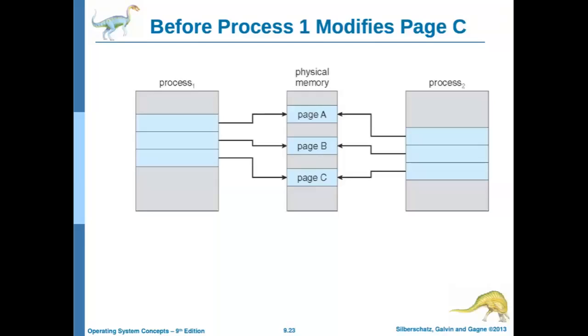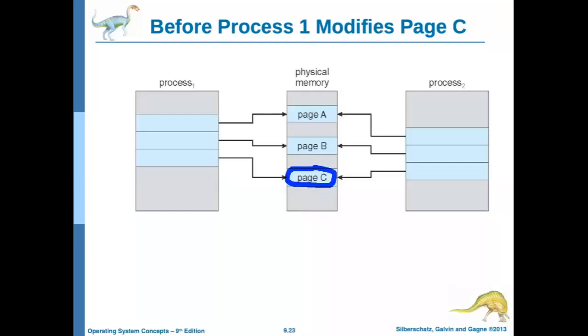So suppose, for example, in this case, this is the situation where 3 pages are shared between process 1 and process 2. And now assume that process 1 modifies one page. Let us call it page C, which is modified by process 1. Now those changes should not affect process 2, because process 2 wants to continue with its original contents of page C. This time what the operating system does is copy C into another frame.